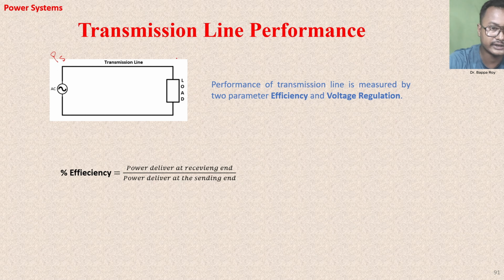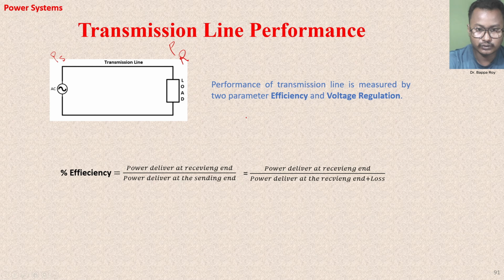This is the sending end, and this is the receiving end. This is the sending end because we are sending power from this AC source and it is coming to this load. So the percentage of efficiency is the power delivered at the receiving end by the power delivered at the sending end.